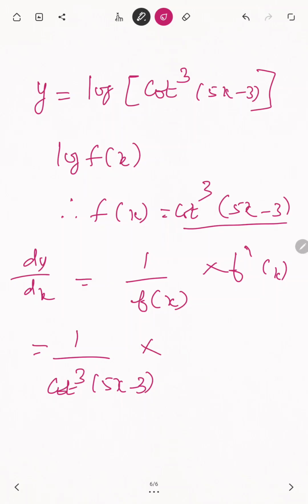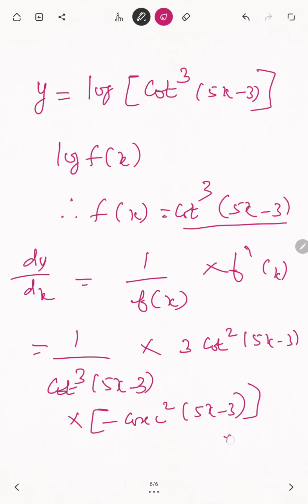Into this function's differentiation. This is what? Trigonometry function. What is the rule for differentiating trigonometry function? Power first, base. What is the differential of cot? Minus cosecant square x, into angle 5. That's all.